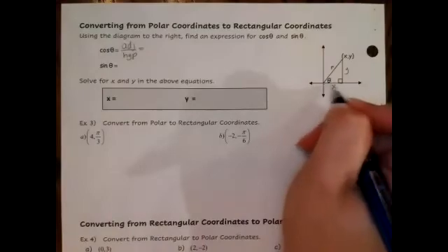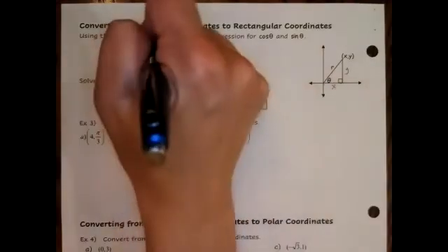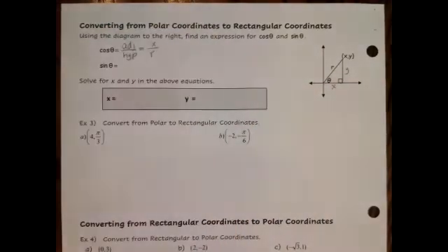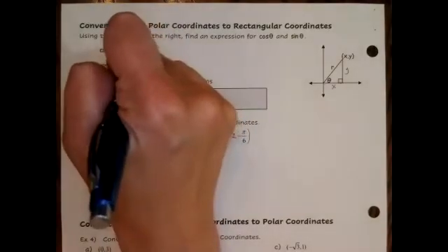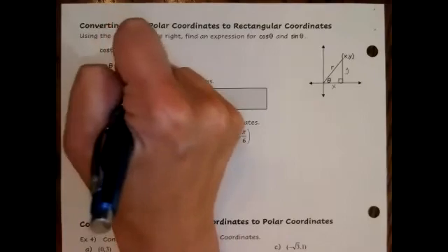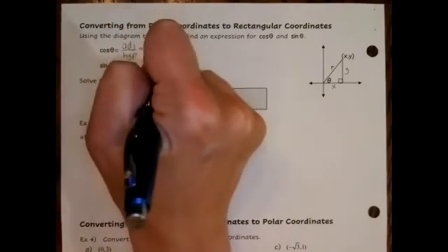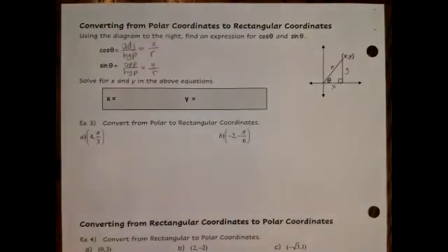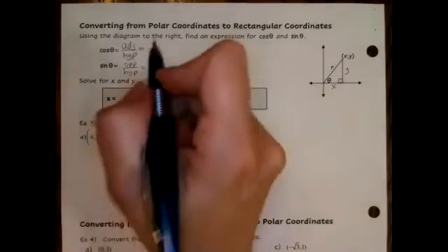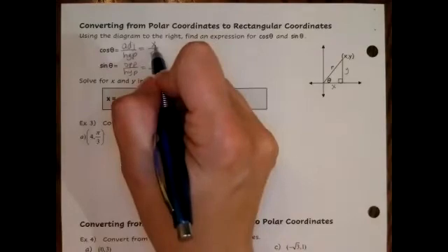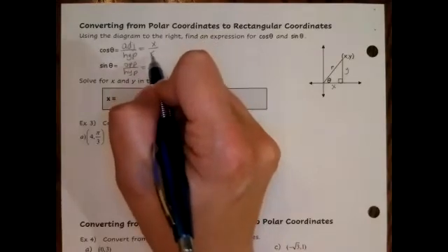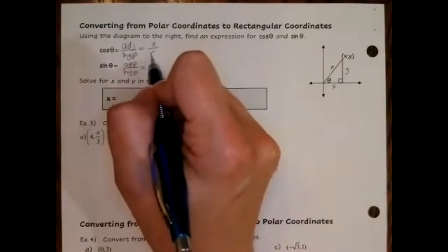So the adjacent side to the angle is x. So we get x over our hypotenuse, which is r. And for sine of theta, it is the opposite over the hypotenuse. And so that is y over r. We're going to use those to really think through what these points look like. So if I was trying to get the x by itself here, I would cross multiply or multiply both sides times this r.